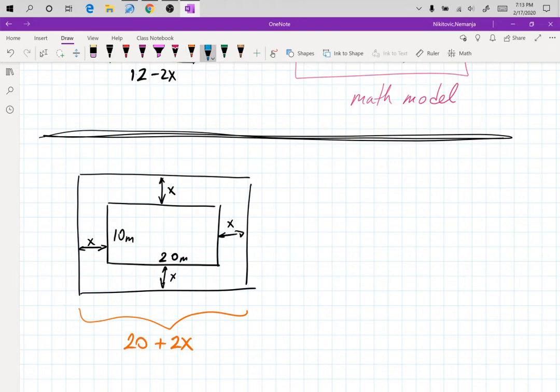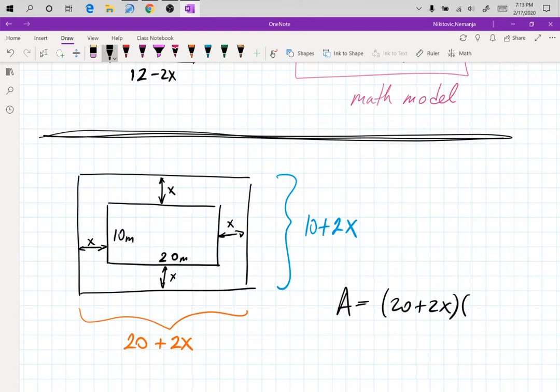How about on the vertical? 10 plus 2x. So the area must be length times width, which is 20 plus 2x times 10 plus 2x.